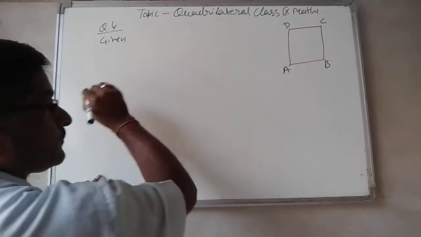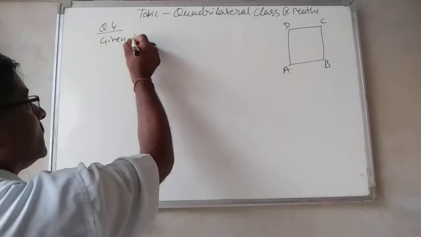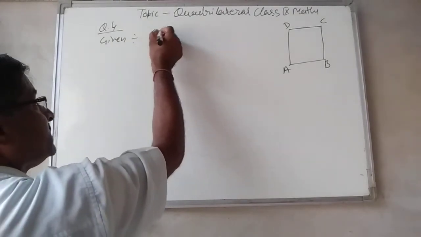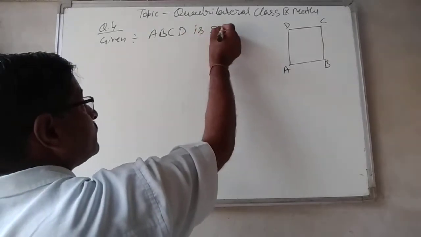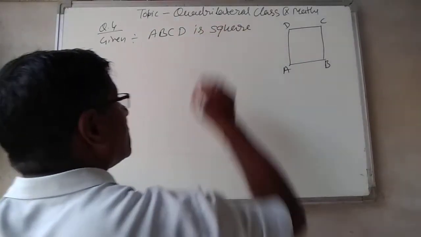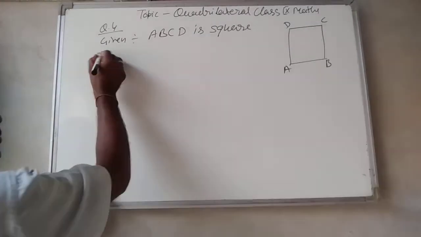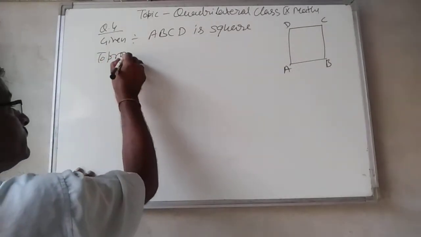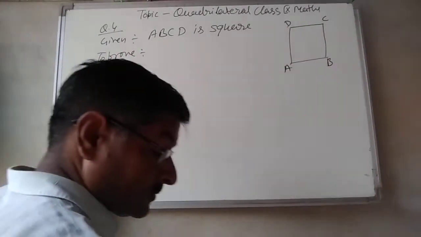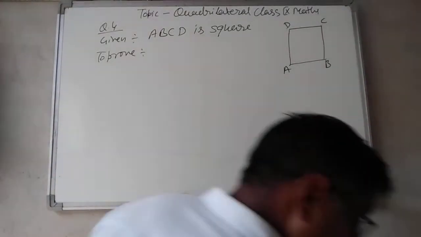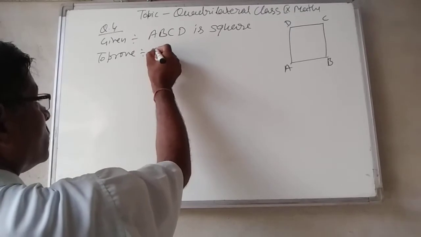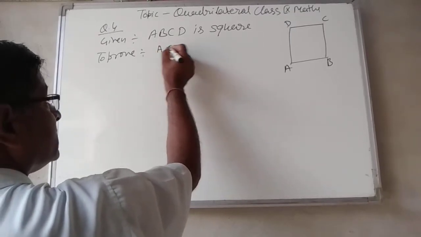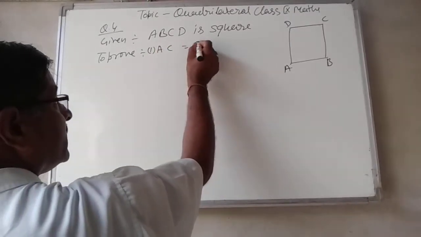Given: ABCD is a square. To prove: diagonals of a square are equal, so we have to prove that AC is equal to BD.